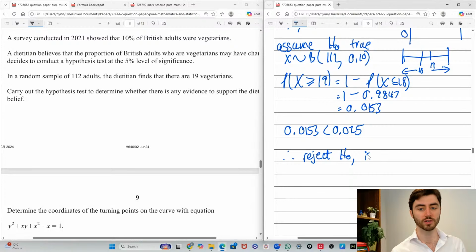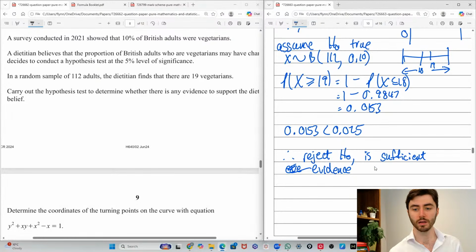And there is sufficient evidence to conclude that the proportion has changed. Because they believe that the proportion, yeah. Can't spell. Evidence to conclude proportion has changed.